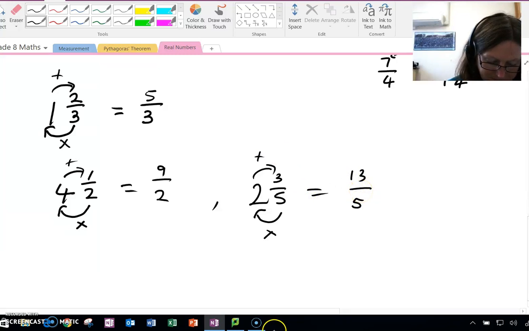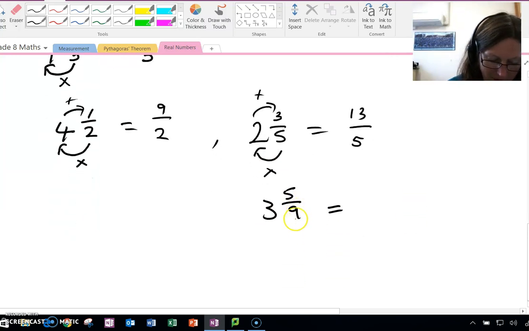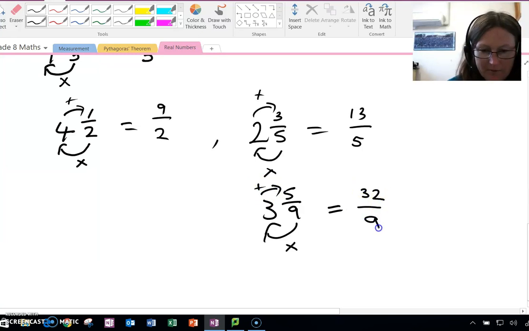And one last one, 3 5/9. That mixed number, we say 9 times 3 is 27. 27 plus 5 is 32/9.